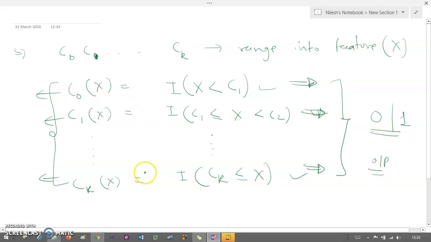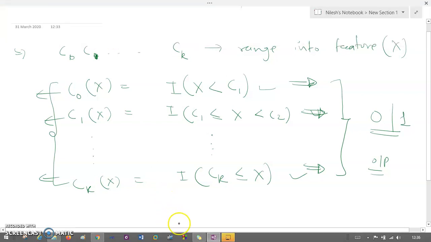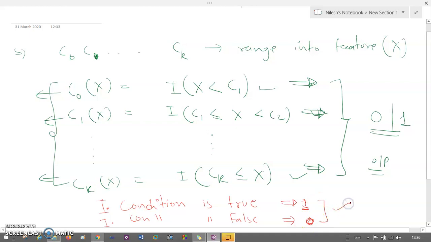Okay, if the indicator condition is true, then it is going to return 1. However, if the indicator condition is false, or if it doesn't hold, then it is going to return 0.